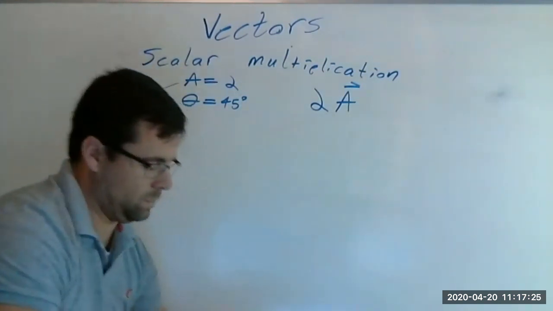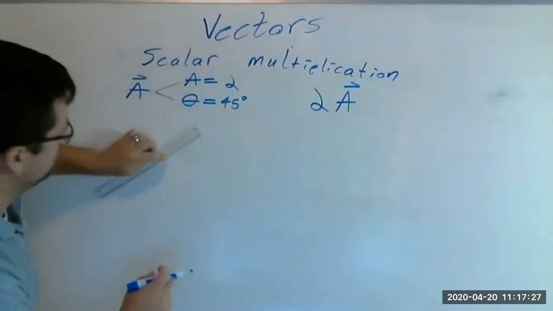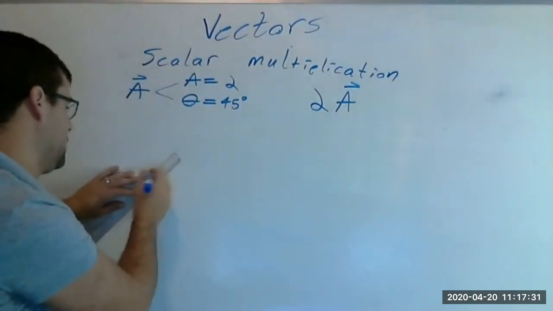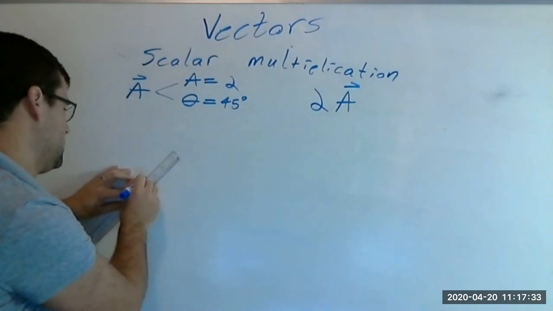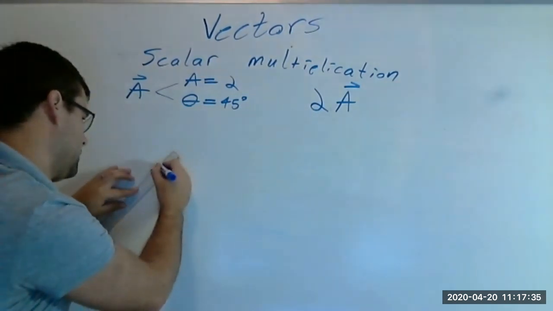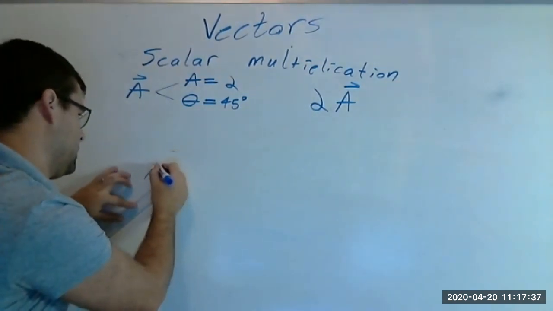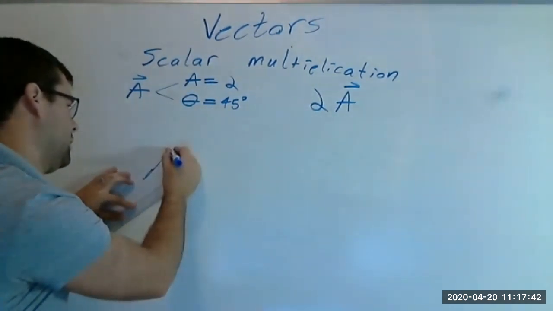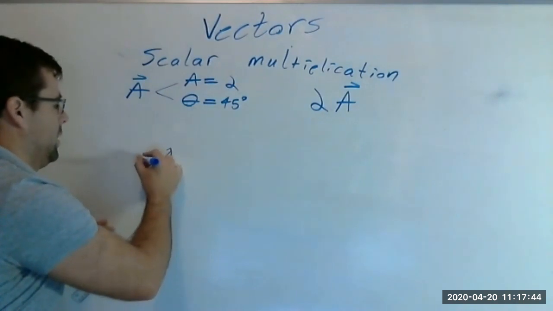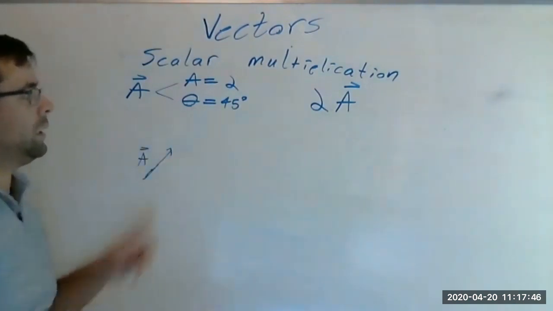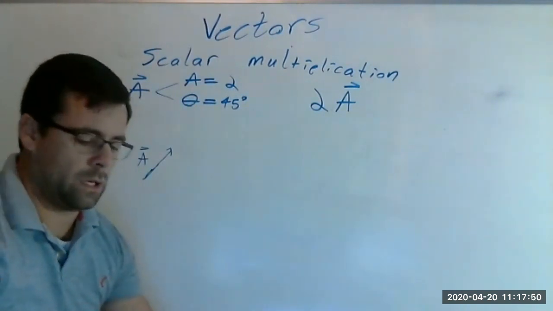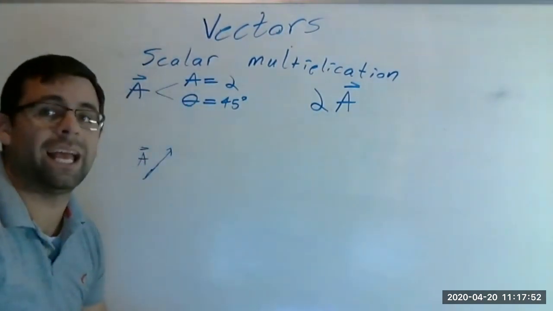So we draw A. We'll draw it a little bigger. Given that, that is approximately A. What about 2A?